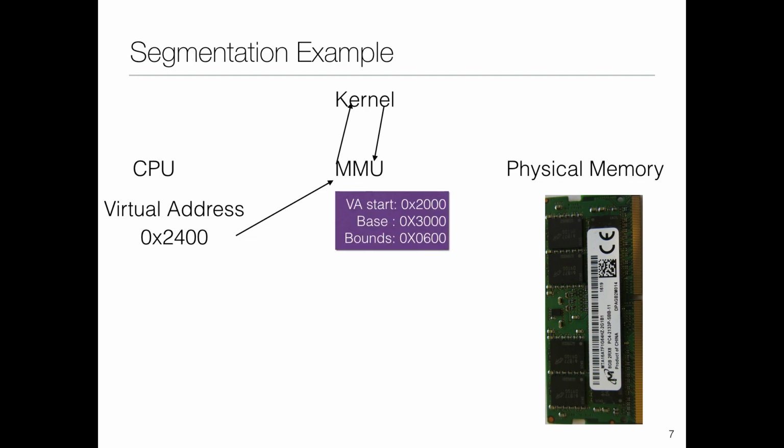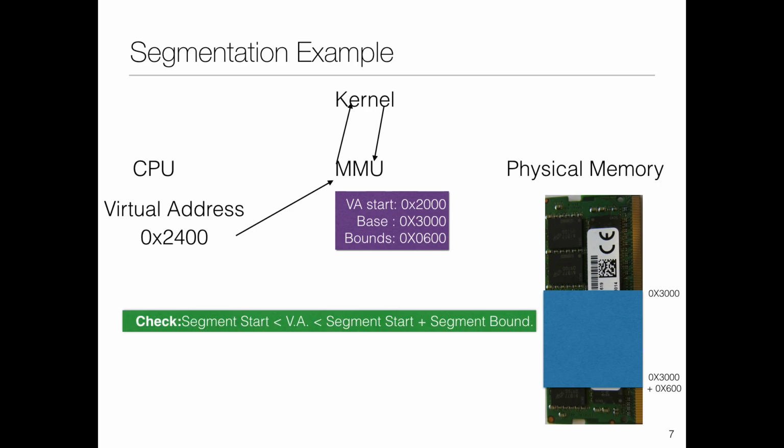So it returns a different triplet of virtual address start, base, and bounds. This is located in a physically different part of the memory. It fits into 2000 to 2000 plus 600. That's why it's a valid address. The actual address in physical memory will be given by 3000 plus 2400 minus 200.